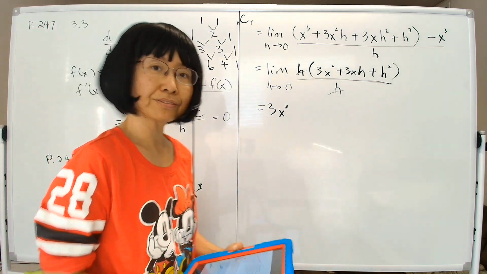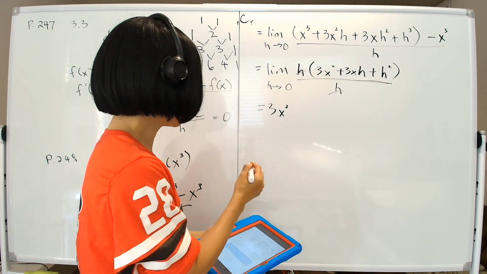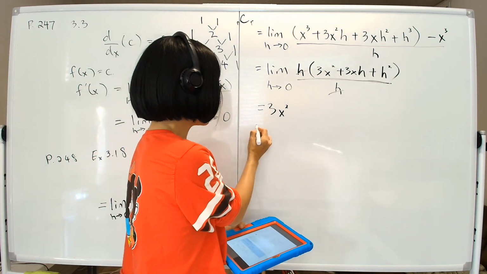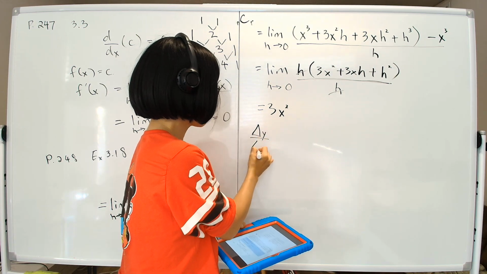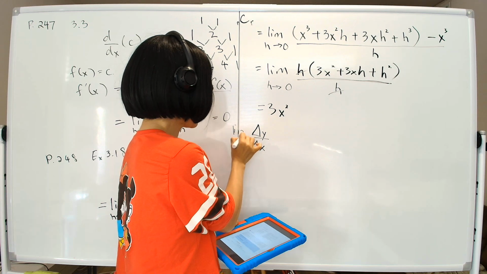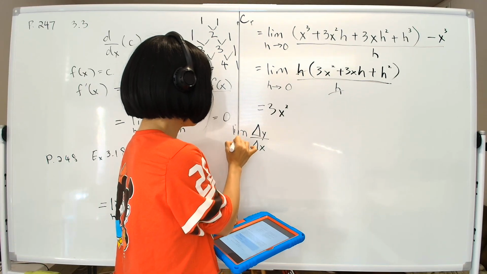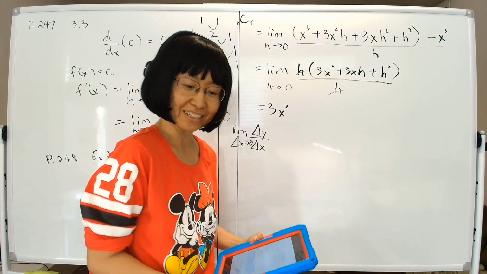And speaking of the delta neighborhood, I forgot to mention earlier that the derivative is also denoted as the triangle y over triangle x, as the limit, okay? The limit as triangle x goes to 0. I think that's one of the many definitions.